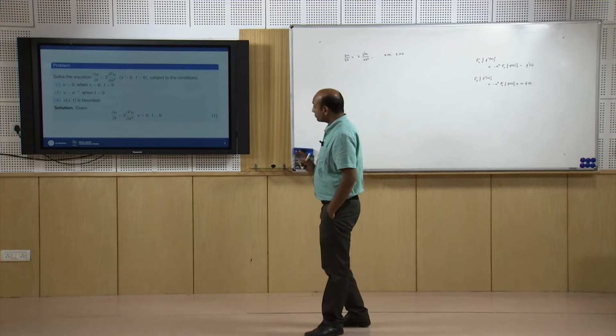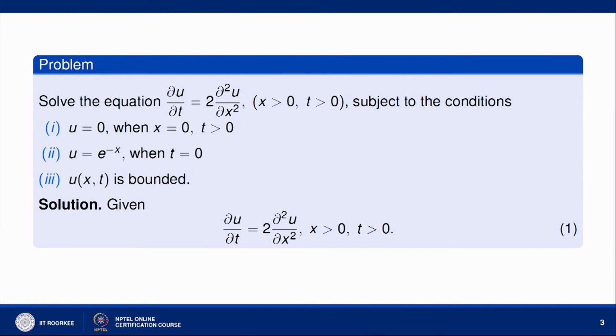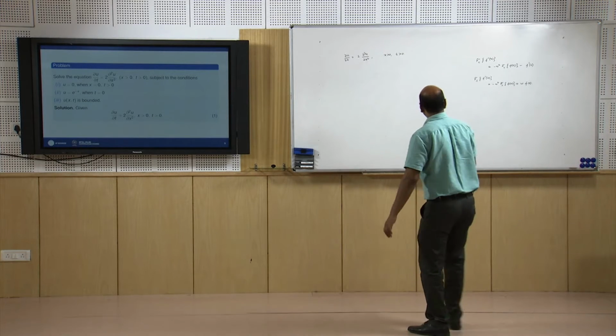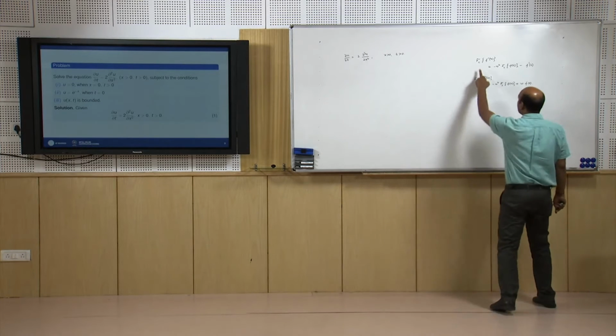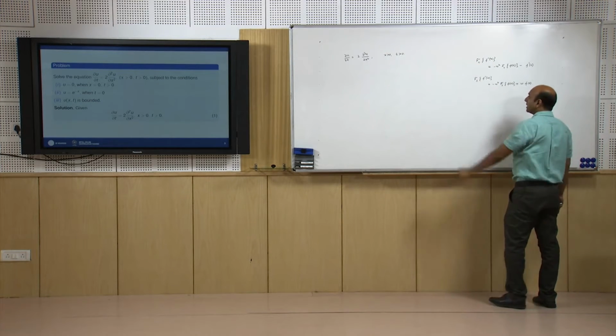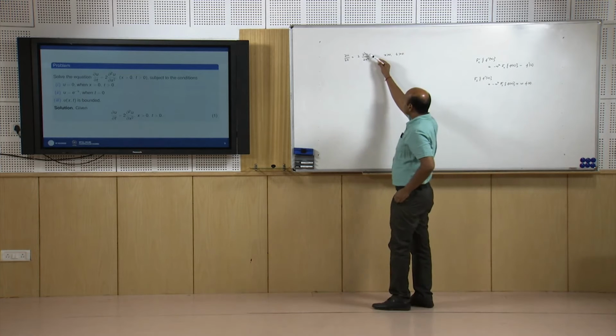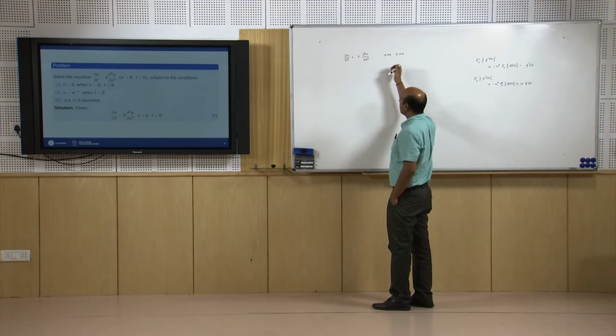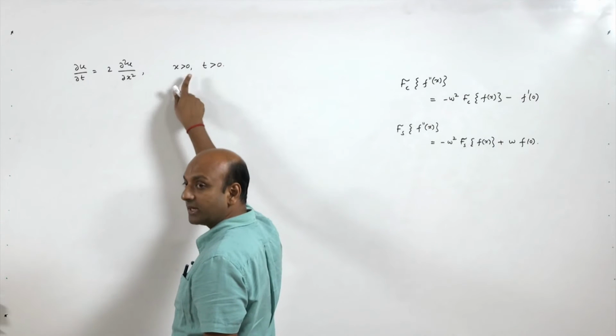Now, which one, Fourier sine or cosine, do we have to apply? How will we decide? We will decide by seeing the conditions. Here the double derivative is this term, and we are applying the Fourier sine or cosine transform with respect to x.